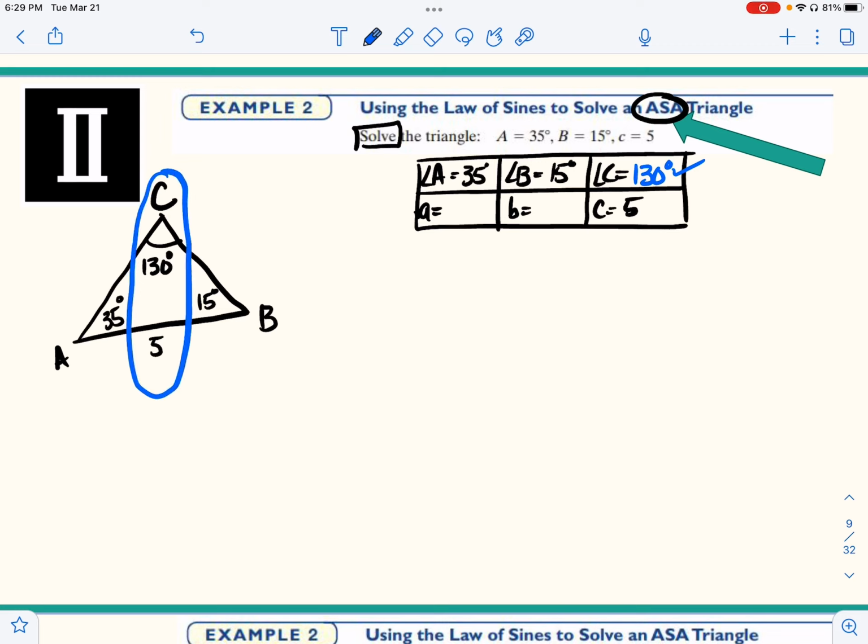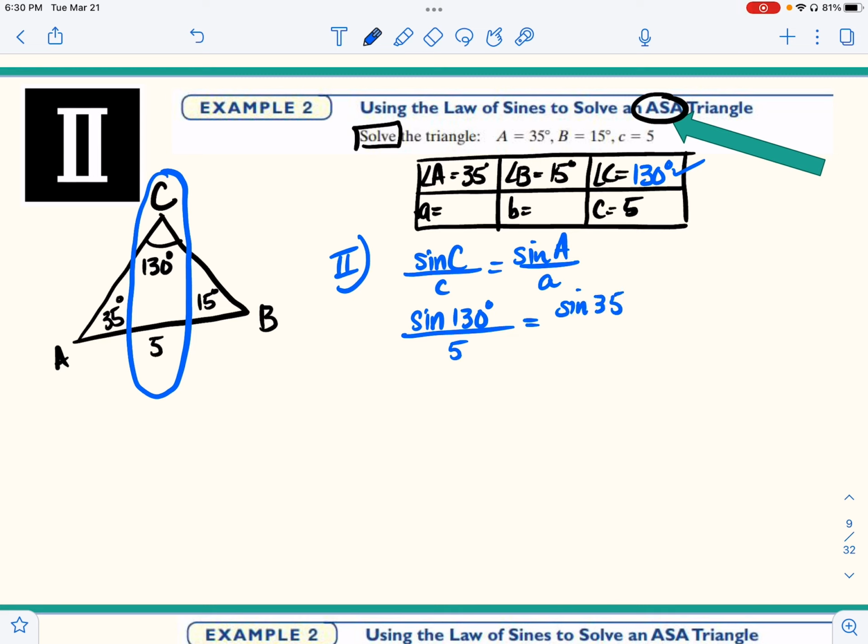So the second thing we're trying to find is A. Sine of angle C over C must equal sine of angle A over A. Sine of 130 degrees over 5 must equal sine of 35 over A, which is what I'm trying to find. And if you notice in this proportion, 3 values are known and 1 value is unknown, hence it's solvable.